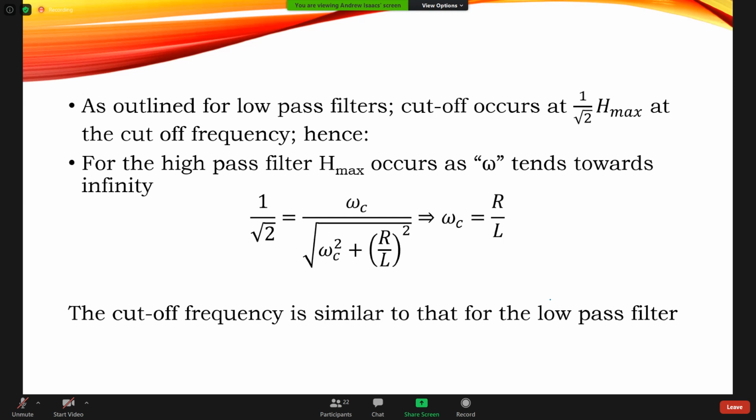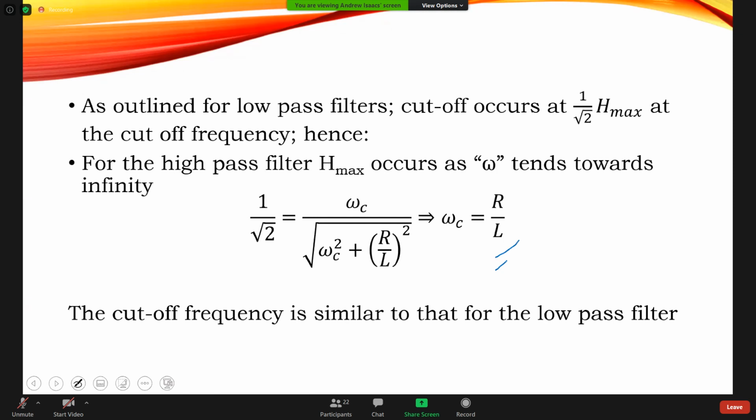So for your high pass filter, omega C will occur at R over L. Whilst I didn't show that in the figure, we're just highlighting that fact here.